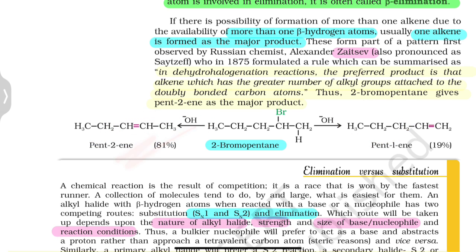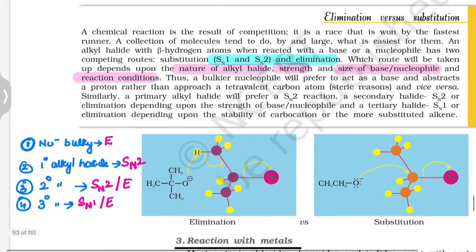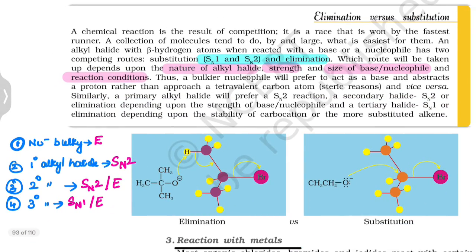So this will be the major product according to Saytzeff rule. This reaction is also called dehydrohalogenation. Dehydro means we are removing hydrogen as well as halogen. Therefore it is called dehydrohalogenation reaction.